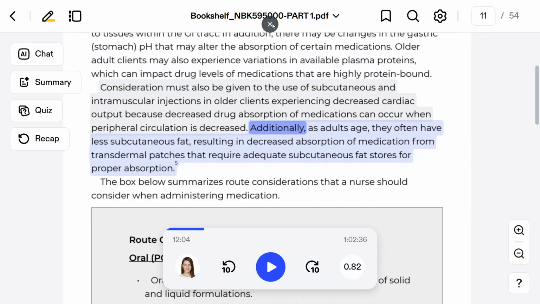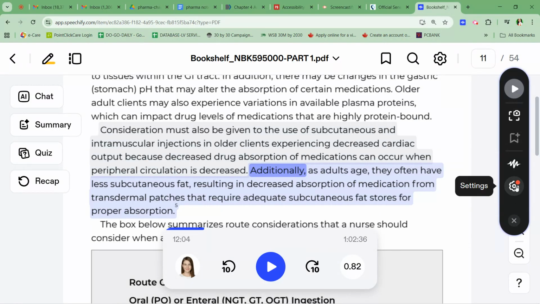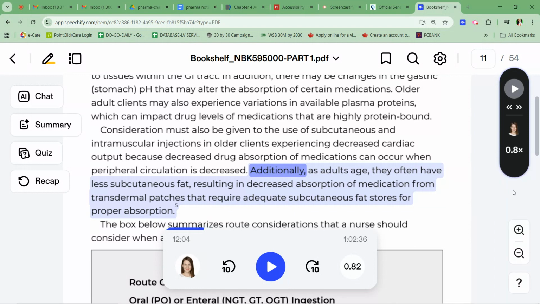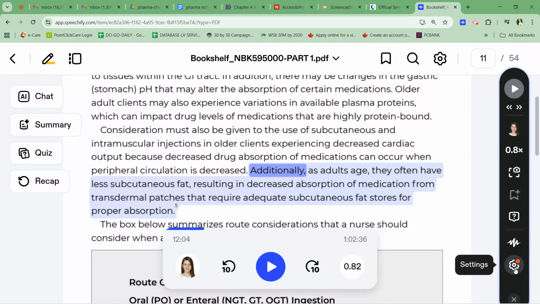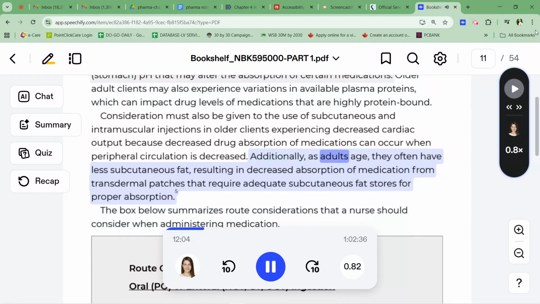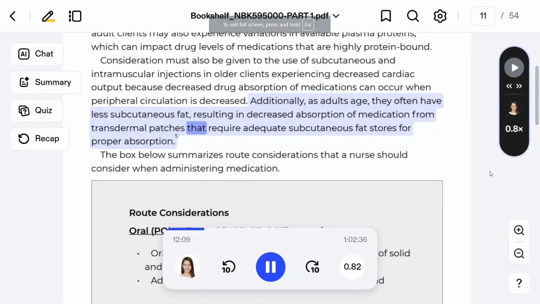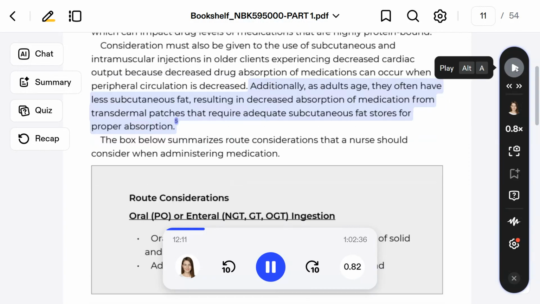Additionally, as adults age, they often have less subcutaneous fat, resulting in decreased absorption of medication from transdermal patches that require adequate subcutaneous fat stores for proper absorption.